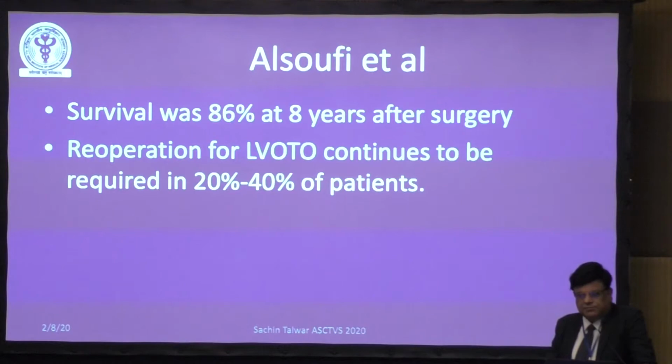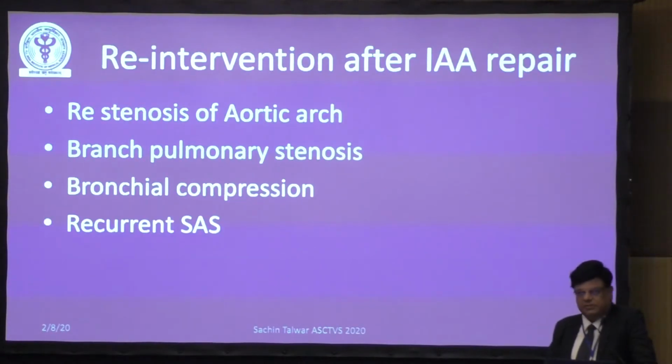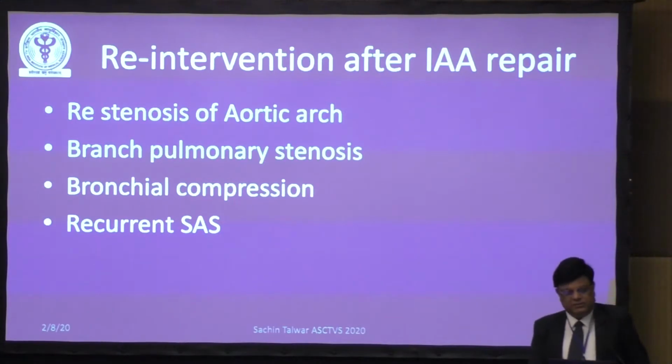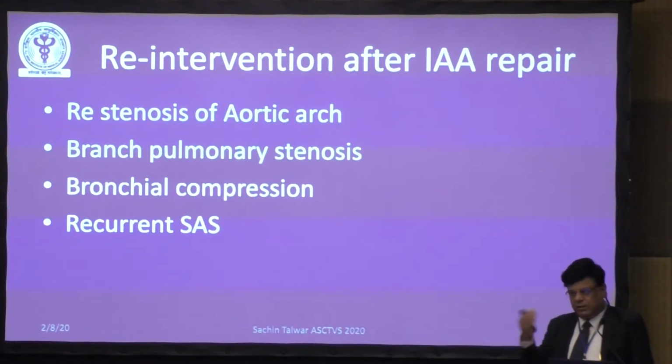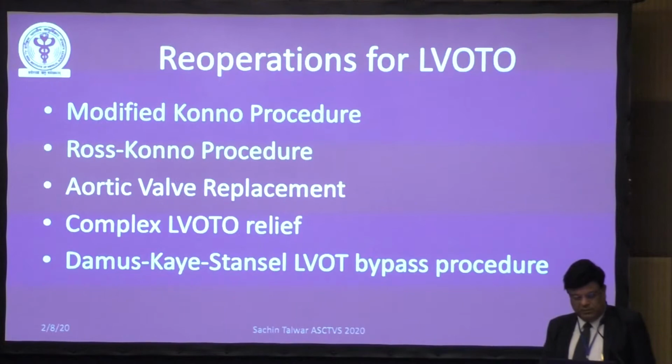So with this approach, the survival at 8 years is around 87%, and reoperation continues to be a problem in 20 to 40% of the patients. And the interventions are required for restenosis of the aortic arch, for the branch pulmonary artery stenosis, for bronchial compression, because you mobilized the aorta to repair the aortic arch, and recurrent subaortic stenosis as there is a gradual development of fibrosis.